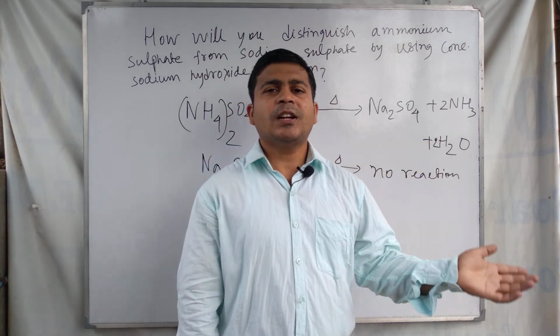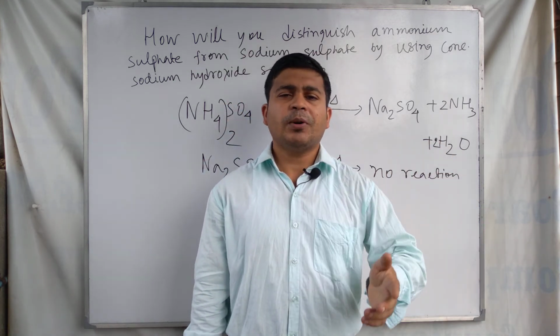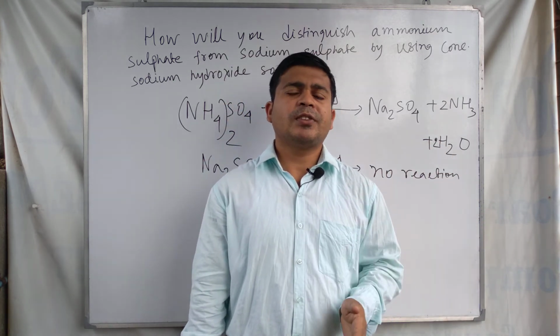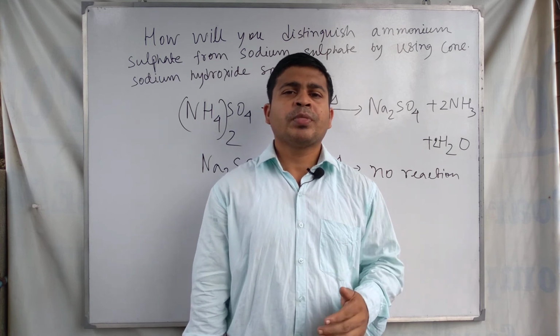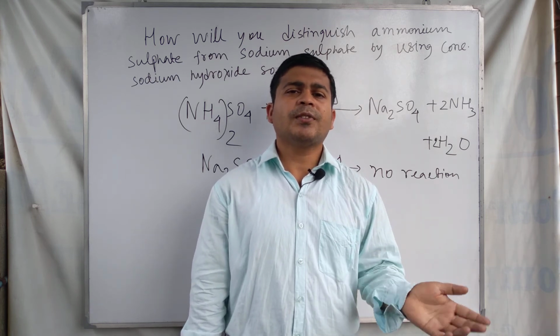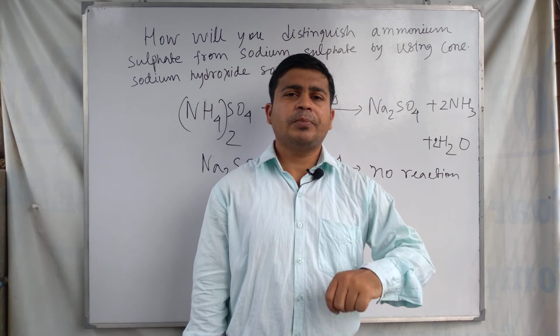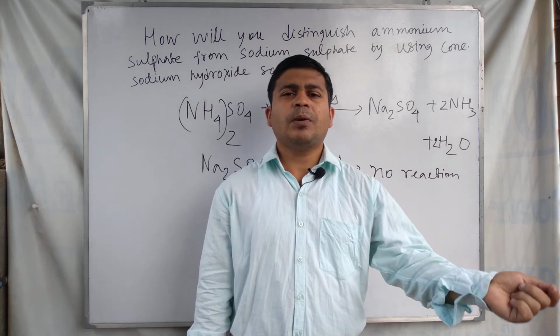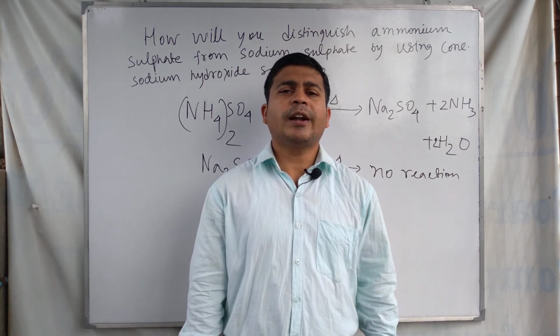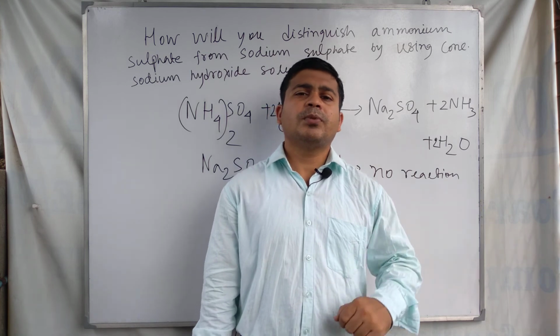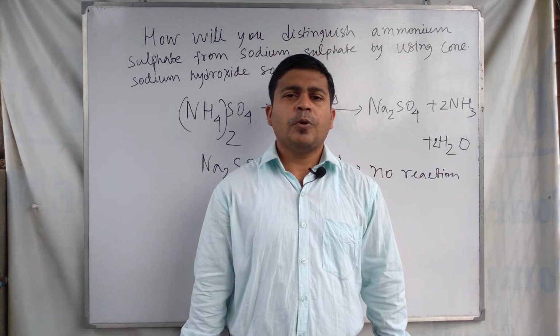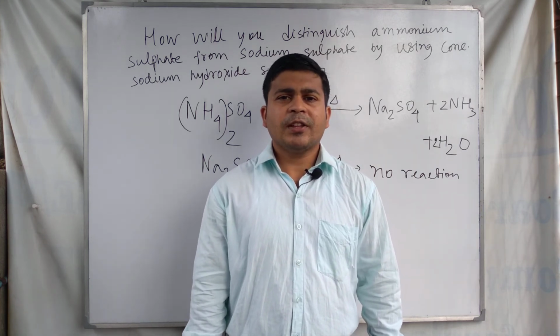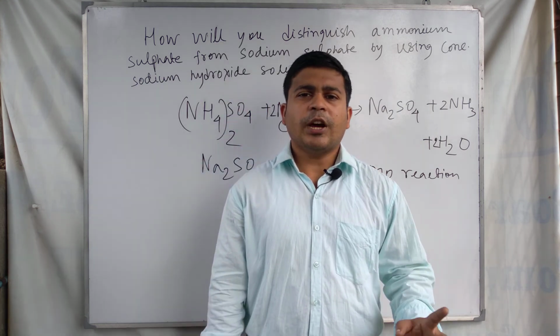Other tests to detect ammonia gas: it turns Nessler reagent solution brown, and when a glass rod dipped in HCl solution is brought to the mouth of the test tube, the ammonia gas gives dense white fumes. This way we can detect these two types of salts.